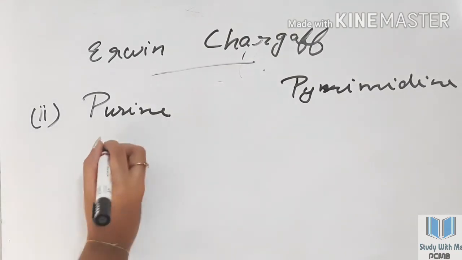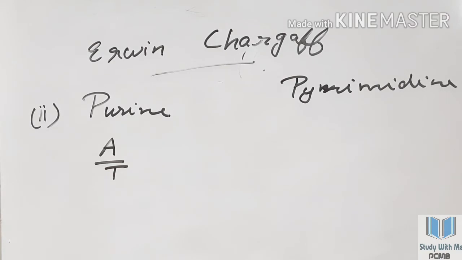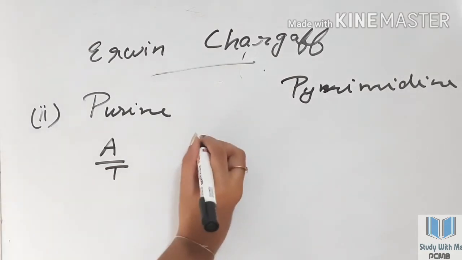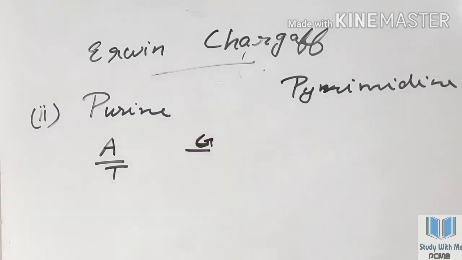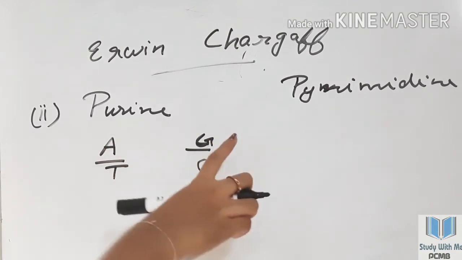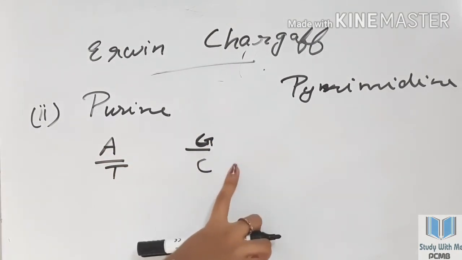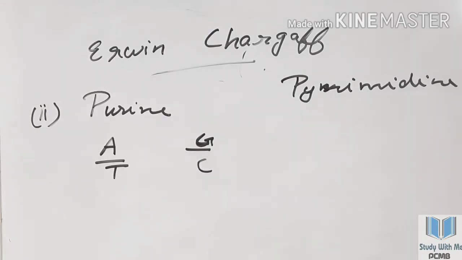The adenine and thymine pair have 2 hydrogen bonds, and the guanine and cytosine pair have triple hydrogen bonds. The ratio between adenine and thymine and that of guanine and cytosine are constant and always equal to 1.